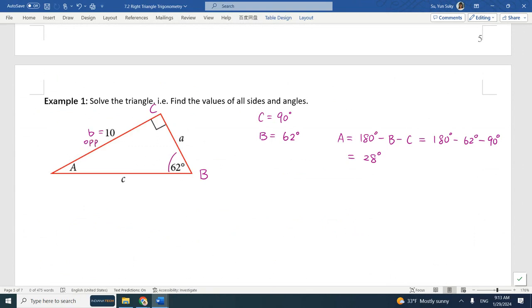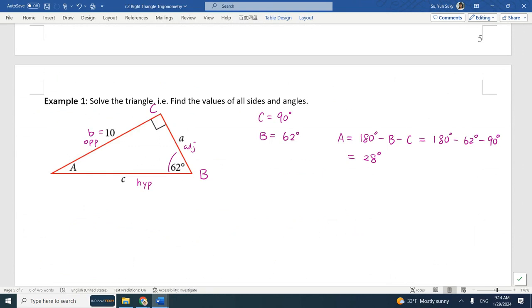Yes, everybody? So, how about A? Adjacent. And C? Hypotenuse. Right, everybody?